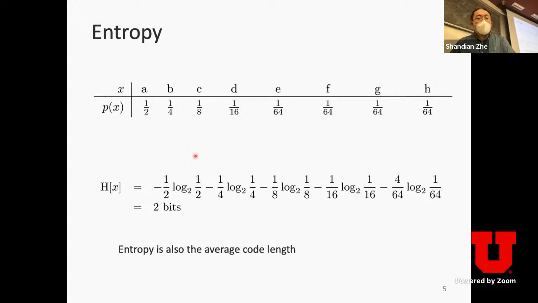If you calculate entropy, you just do the weighted summation of the logarithm of each probability. You get that the entropy of random variable X, as defined here, is 2, meaning that on average, you need to use 2 bits to transmit the information contained in X.